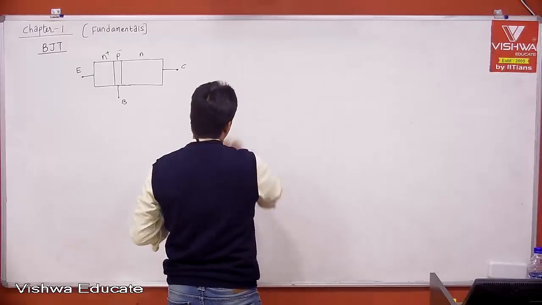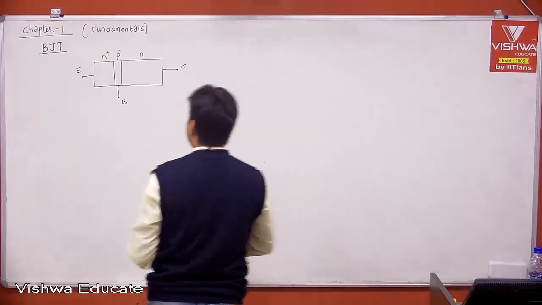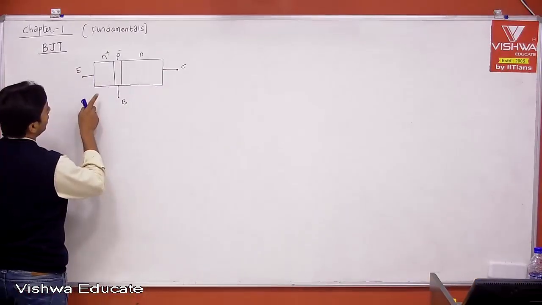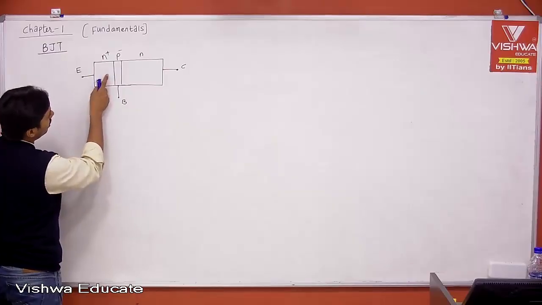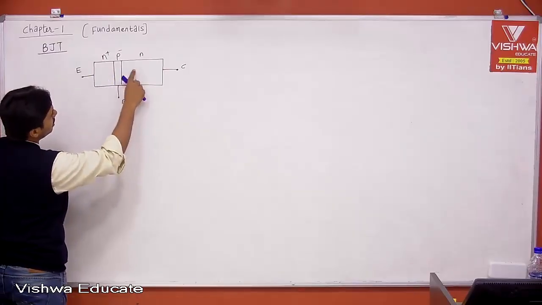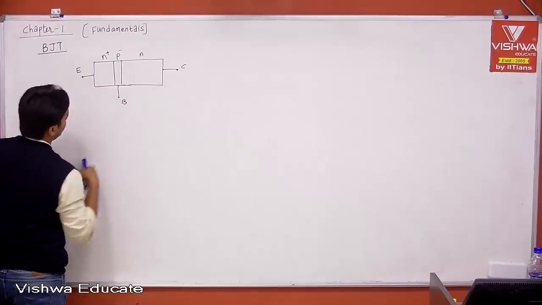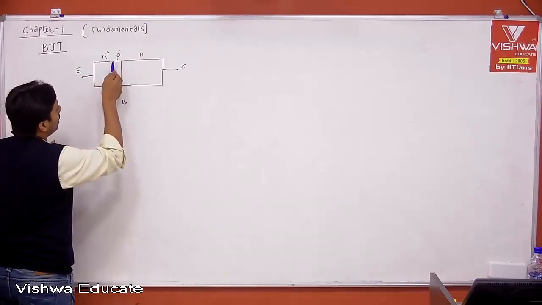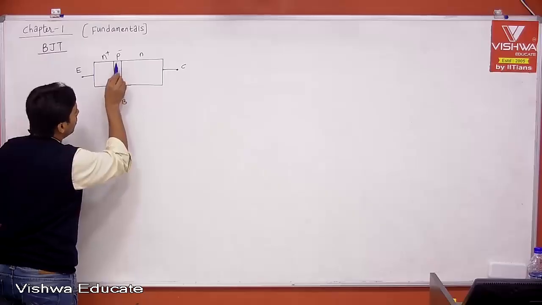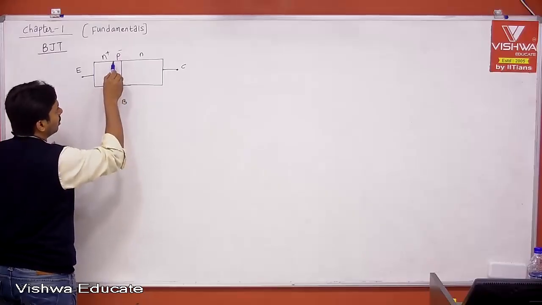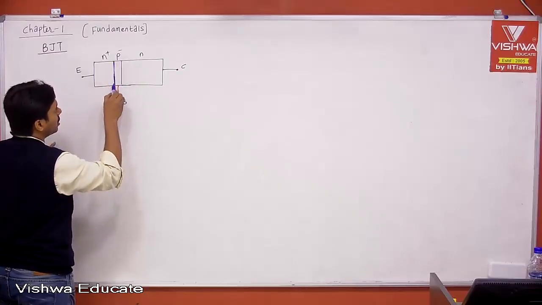Here, tell me how many PN junctions we have. I can say this is one PN junction diode, P and then N, and this is another PN junction diode, P and then N. Therefore, I can say emitter base junction and collector base junction. We have two PN junctions, but the base is common.